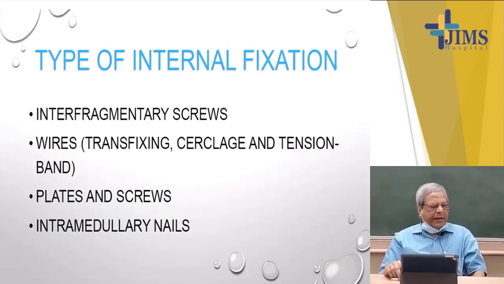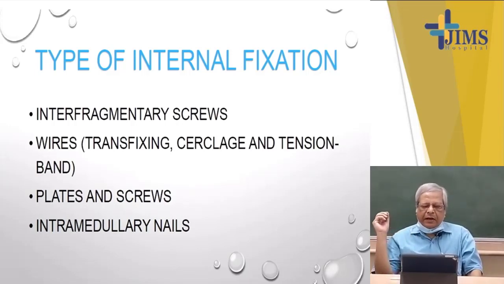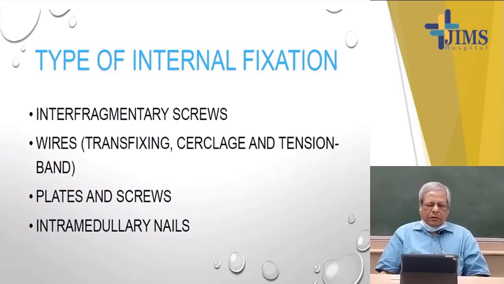What could be the type of internal fixation? This could be interfragmentary screws, I mean, the two fragments fixed with screws only. There could be wires, such as transfixing wires, such as I said, K-wire, Kirschner wires. Cerclage, I mean, all around, holding the fracture with a round stainless steel wire all around the fracture.